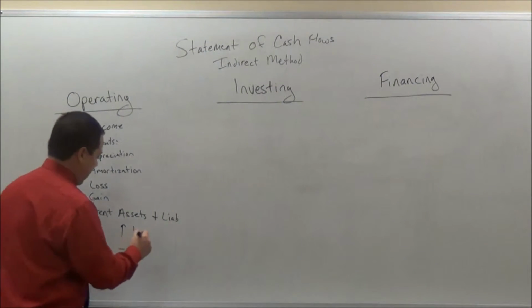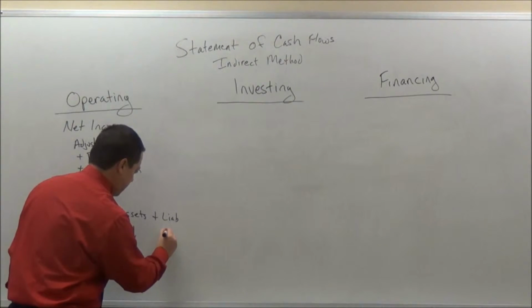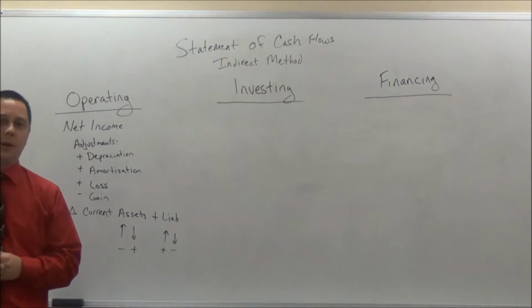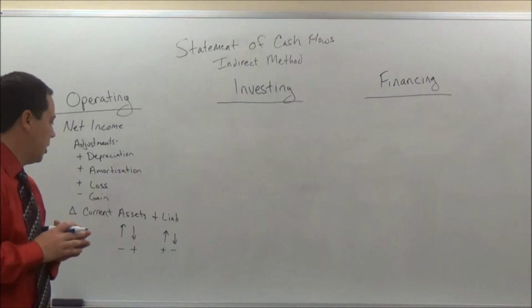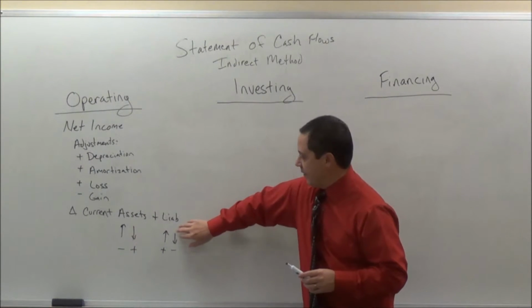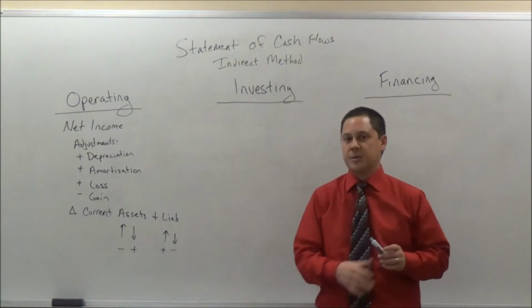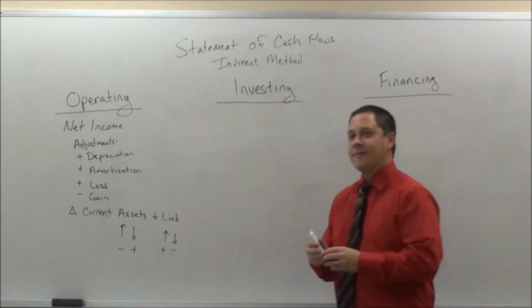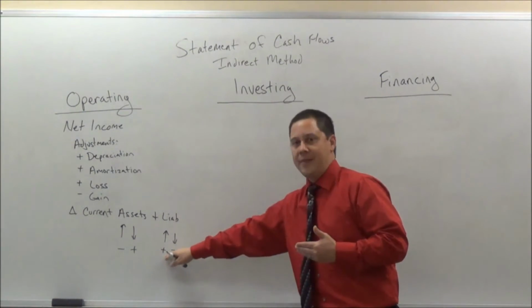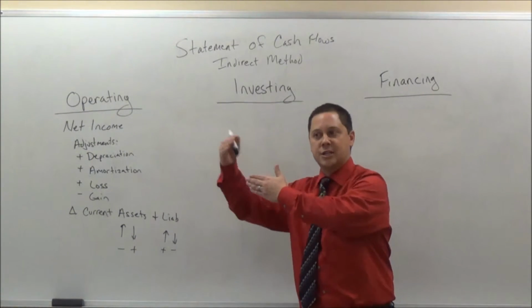Now on the liability side, it's a little different. And the reason being is this. Let's just take accounts payable and look at it from the accounts payable side. If I increase my accounts payable, that means I have not paid that bill. So therefore, I'm going to add that. I'm saving some cash because I haven't paid it yet.